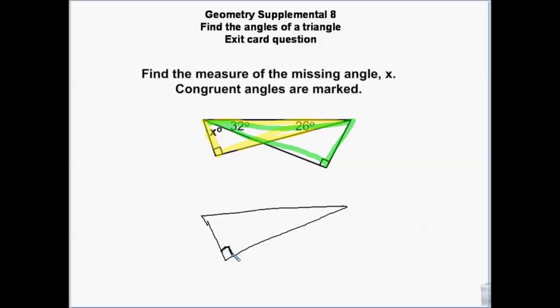So that's 90 degrees. This is 26 degrees, and over here I have part that's 32 and part that's x. So I have to try to find the x. So 180 minus my 90 minus my 26 minus my 32, and that'll give me x. So 90 minus 26 minus 32 is 32.